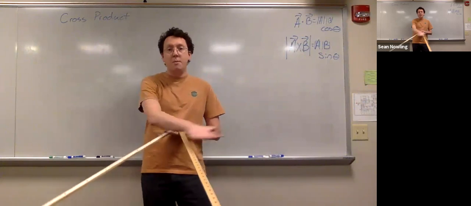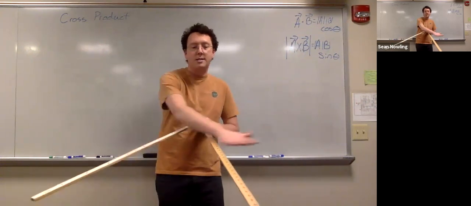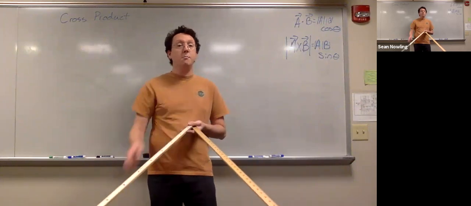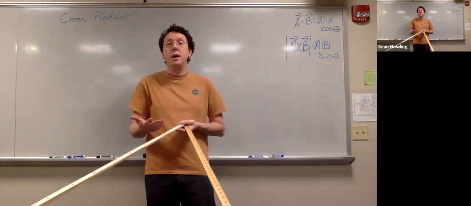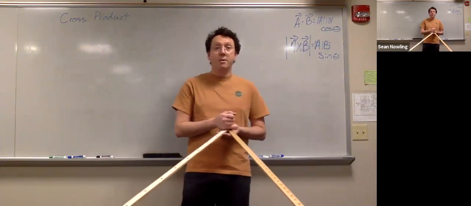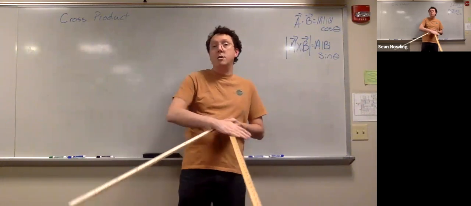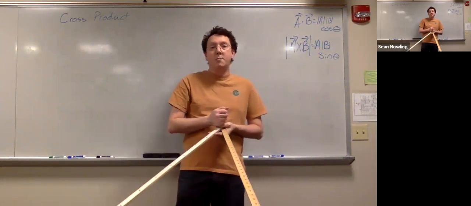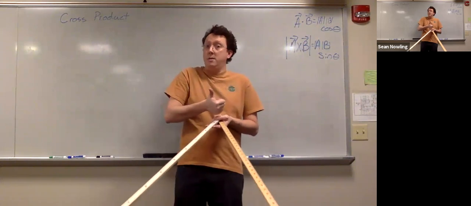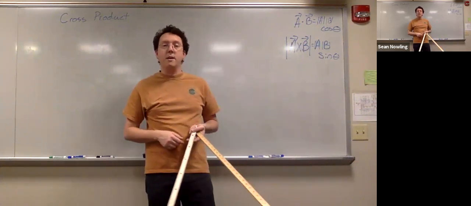That means the answer of A cross B cannot be in the same plane as A and B, because there's just not a unique way to define such a thing. So basically, in 3D, you're stuck with the 3rd dimension. A cross B has to be something in the 3rd direction. And you end up with the formula we have there.